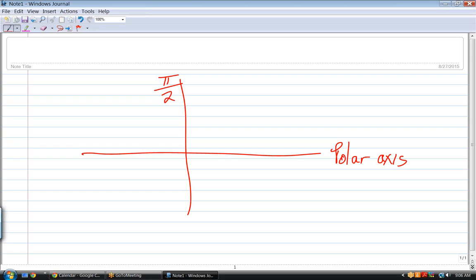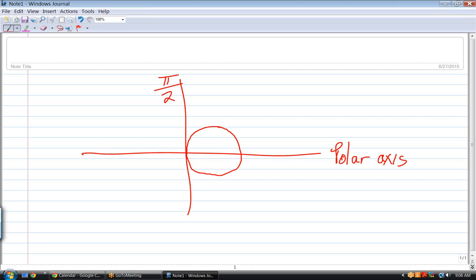But the problem we're about to look at is what happens if you take a circle and you can revolve that around two different axes. You can revolve it around the polar axis, or you can revolve it about the line theta equals pi over 2.